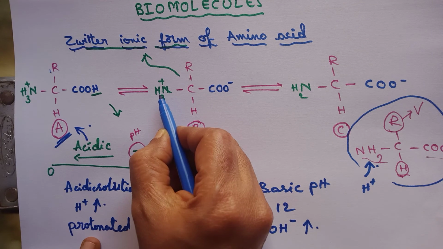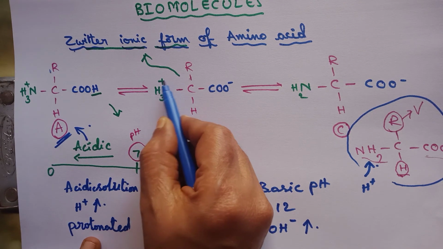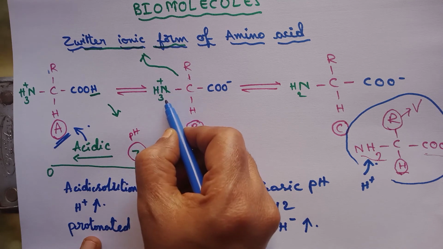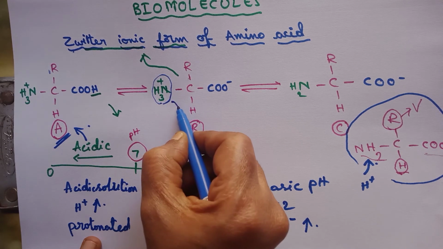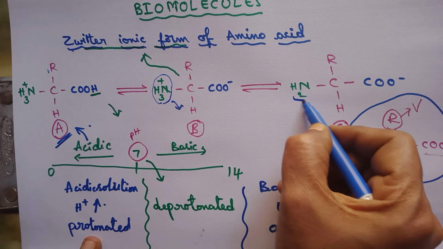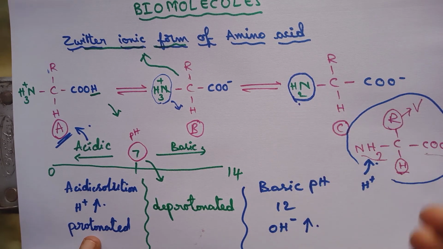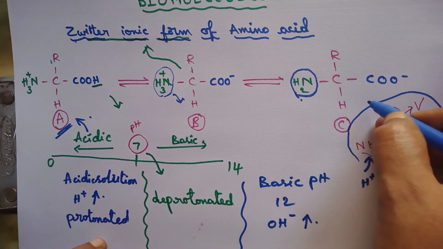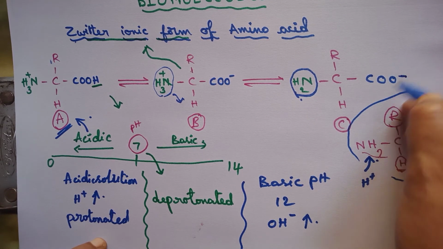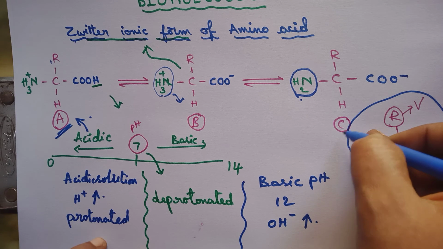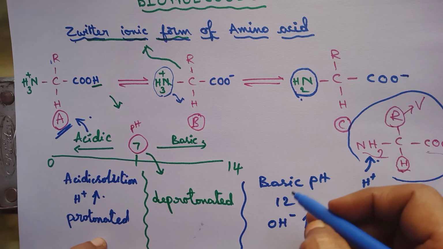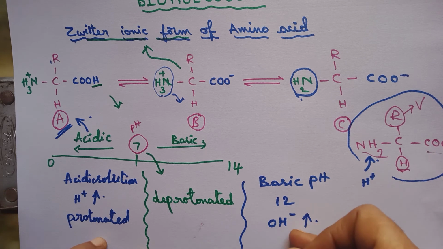That means the proton present in the amino group NH3 plus is released, so that it becomes the NH2 amino group, right? So the C form of an amino acid, the amino acid with only negative charge, is formed when the amino acid is present in a solution with basic pH.